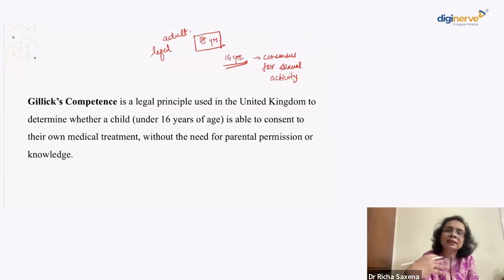And that is the reason for taking this topic here, because of the cultural differences between our country and the UK scenario. In India, you will not have such a possibility.